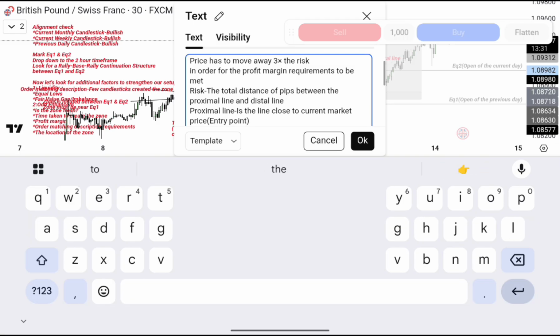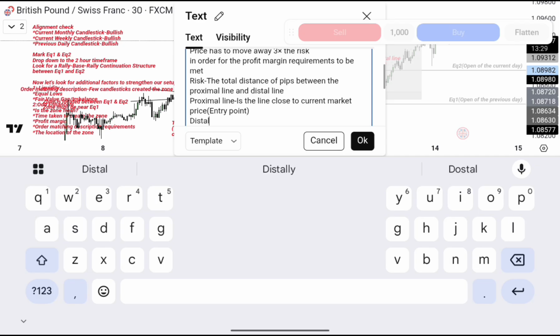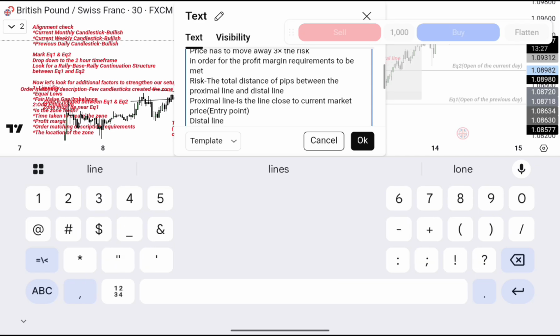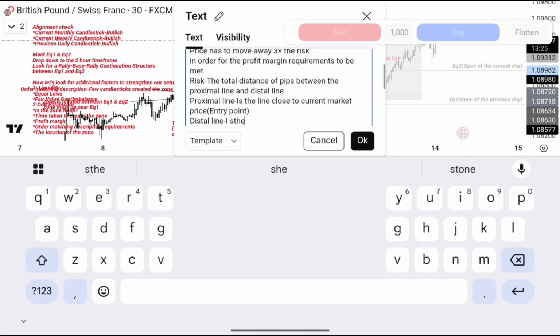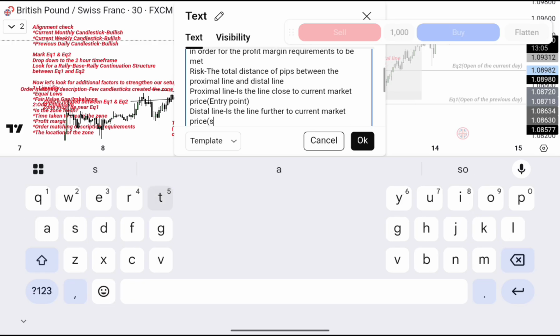So remember, this is an odds enhancing scoring system. Meaning, for example, if we have 5 requirements to make sure your zone is valid enough, you need to score at least 4 out of 5.